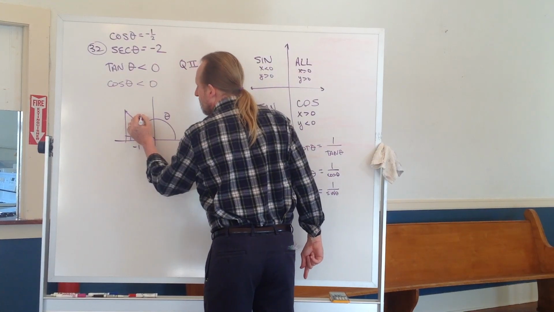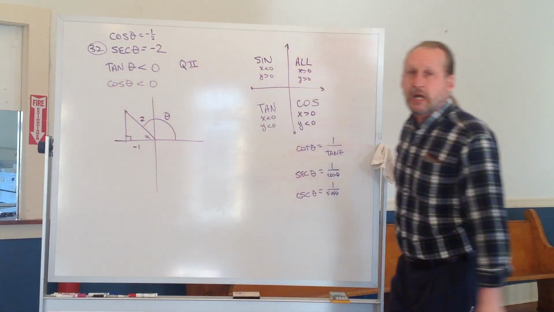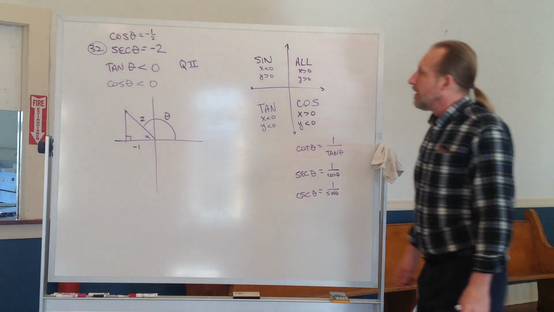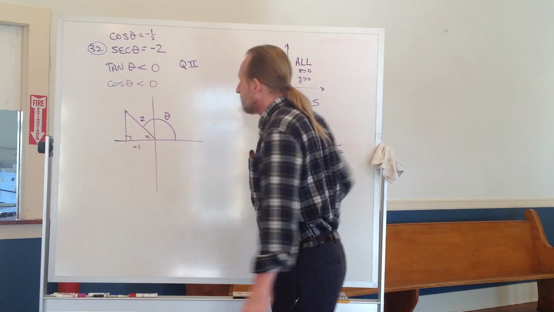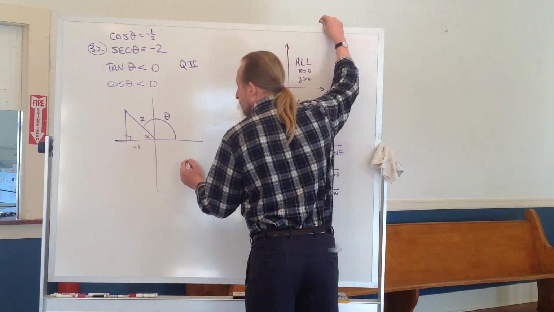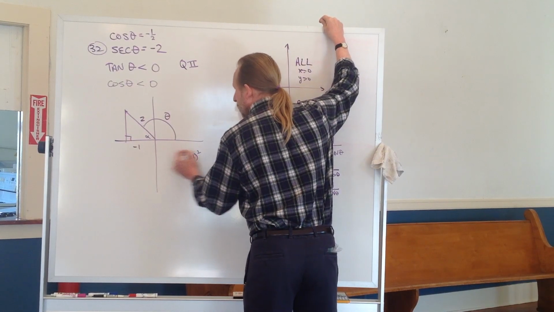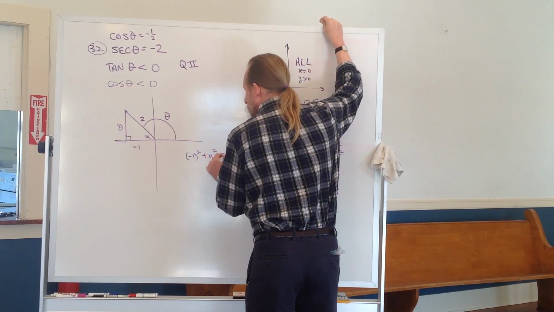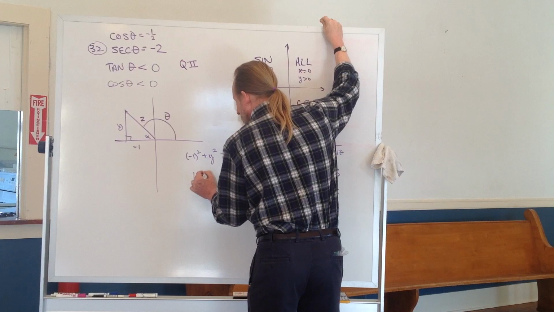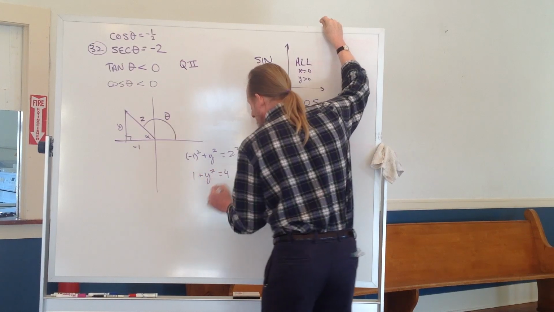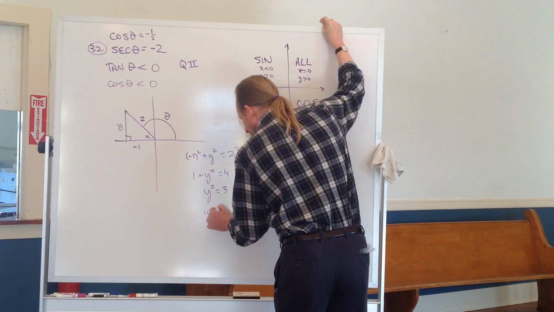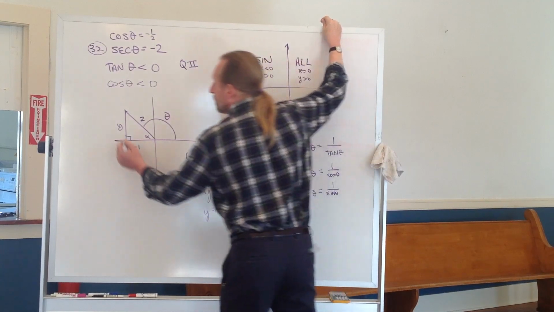So we'll make that side -1 and that side +2. Alright. Then we can find the missing side using the Pythagorean theorem. -1 squared, I'll call this y, plus y squared equals 2 squared. So, y squared is 3, and y is the square root of 3.